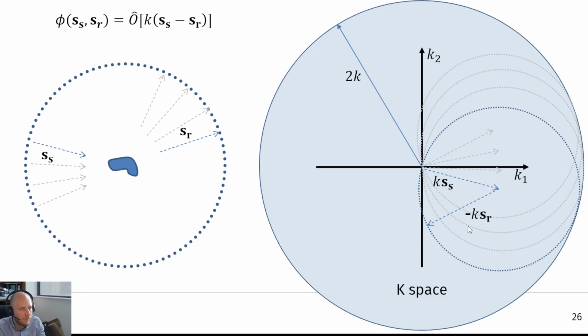This is known as the Ewald limiting disk, or sphere in 3D. It has a radius of 2K, and through this we'll be able to get all the information about the 2D Fourier transform of the object under the various assumptions we've made: Born approximation, far field, etc. Interestingly, if you think about what this 2K limit means, it corresponds to a resolution limit of half a wavelength.